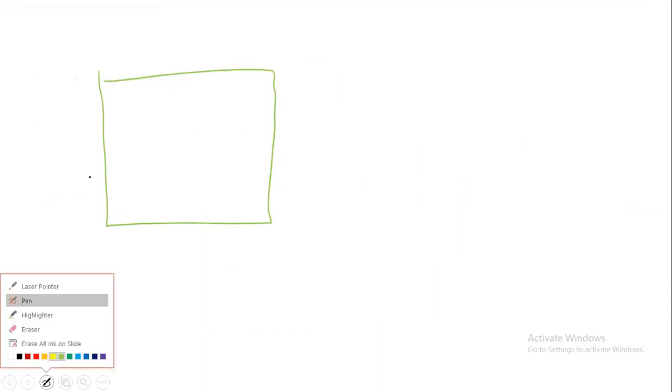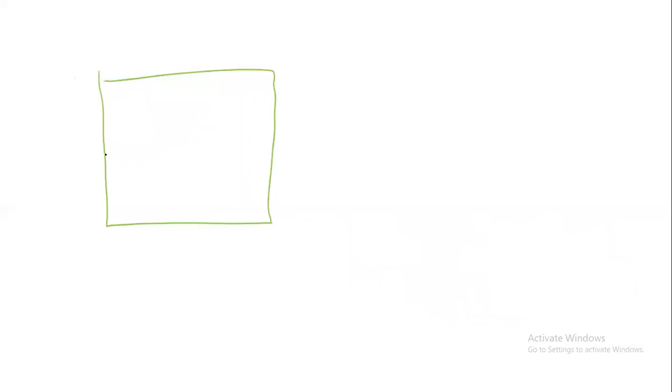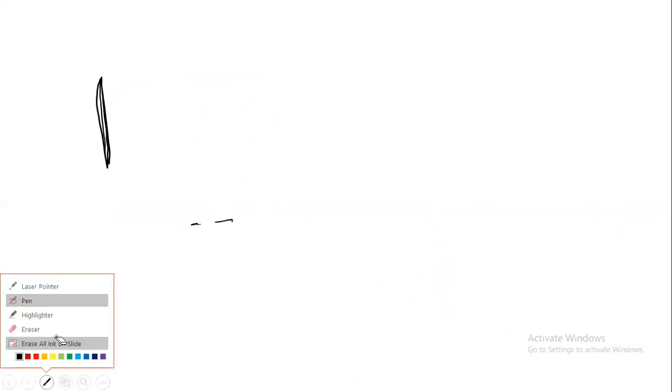If this is our square, maybe this is not an alphabet now, but let's draw some nice lines here so that you'll understand what line you have to draw. I want to draw a line like this, then this line. I'll do it again. So this is the square.